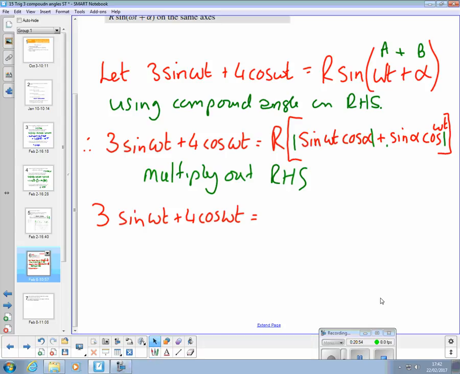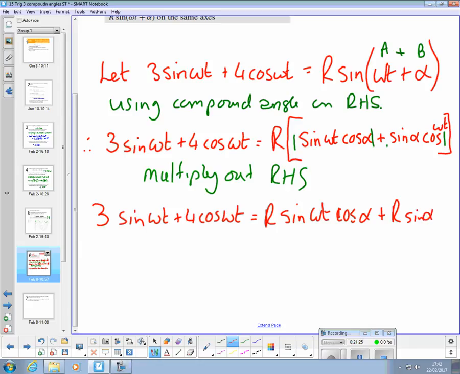So R times this bit, R sine omega t cos alpha, plus R sine alpha cos omega t.